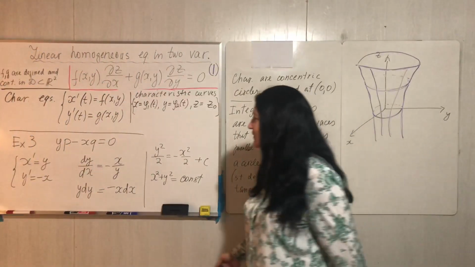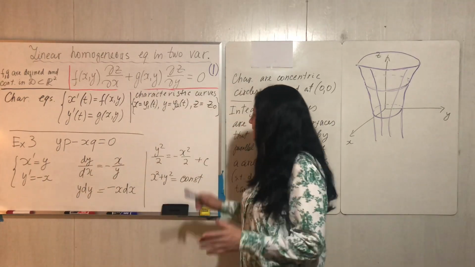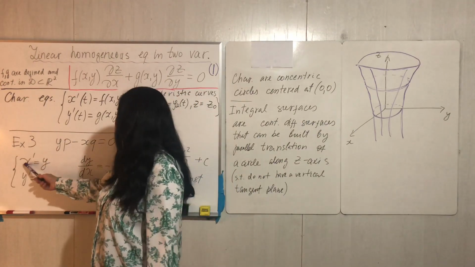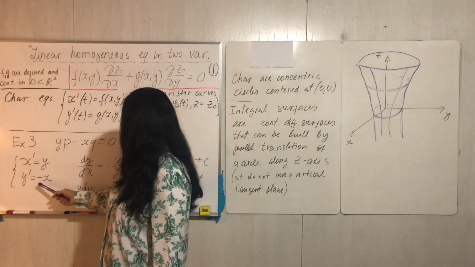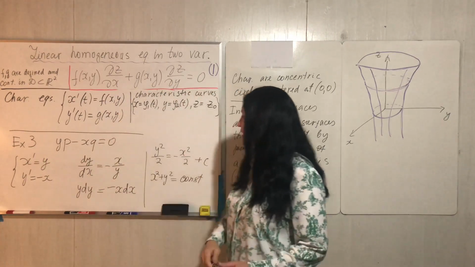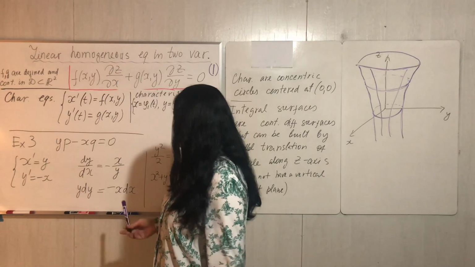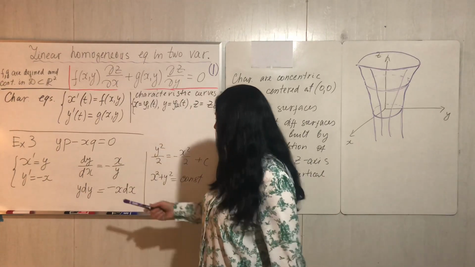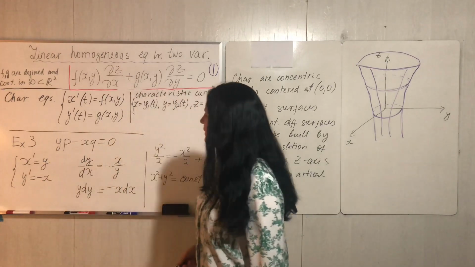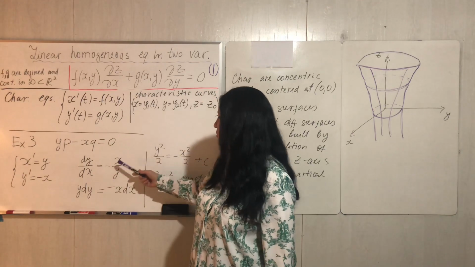Let's look at another example. So yp minus xq equals 0. It's the same type of example. So we have x prime equals y, y prime equals negative x. These are the characteristic equations. To find characteristic curves, let's just divide the second equation by the first. So we'll have dy dx equals negative x over y.